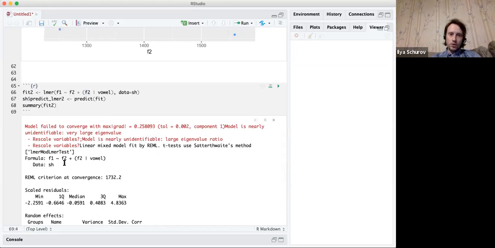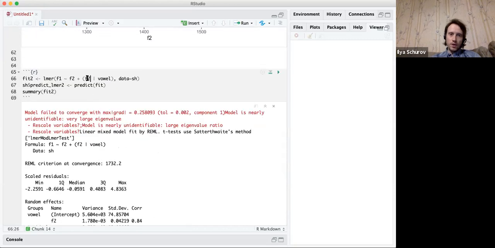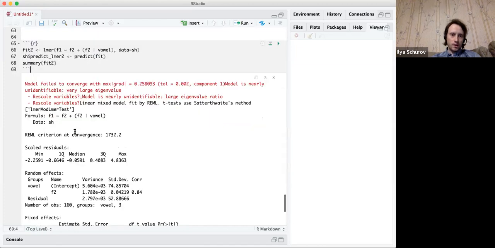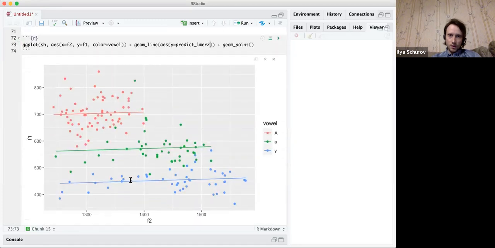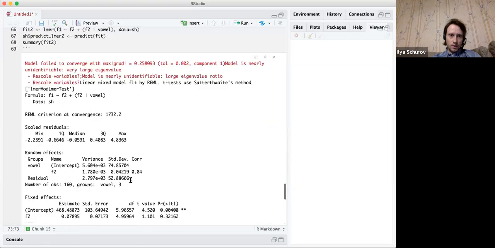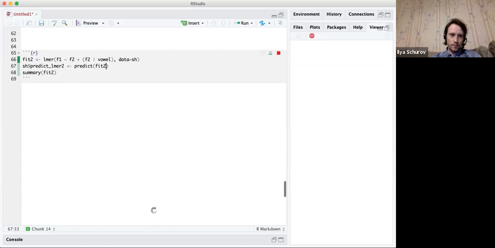let us try to draw these graphs. So now I put here F2 instead of 1, and let me draw the corresponding graph. I have to put fit2 here.